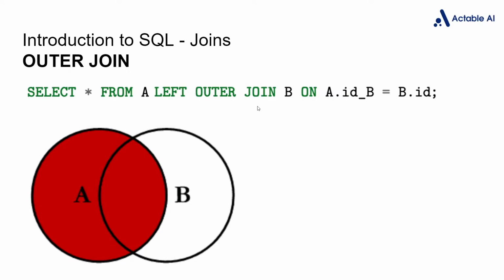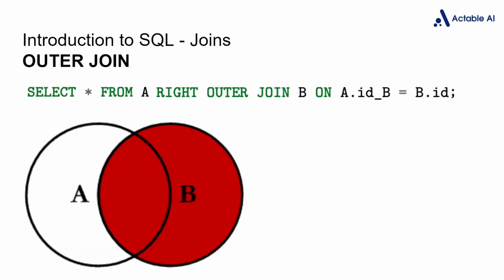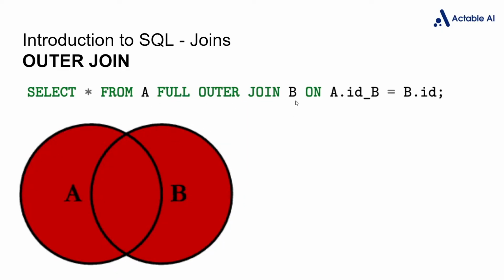It's the same principle, but instead of saying inner join, you just say left outer join. And this is what it looks like. It will select basically everything from A and add to this the information on B where the IDs are equal. Same principle for the right. So instead of this one, we select the B one. And the full one selects everything, basically.